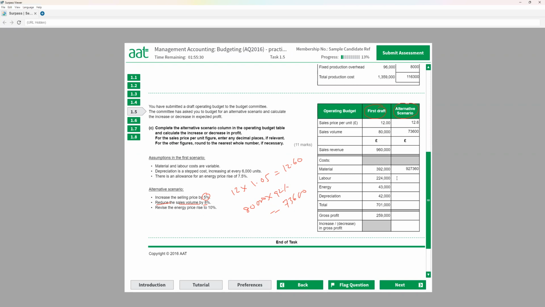Now we're coming to the costs. That's the sales revenue actually, it should be here. Okay. Then you have the material. They said material and labor are variable costs. So material we have 392,000 for how many units? For 80,000.